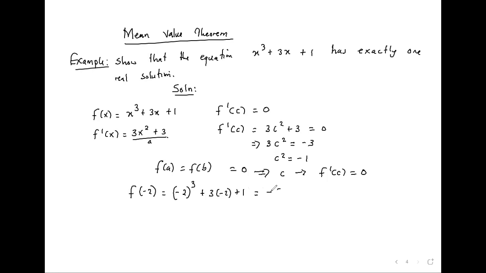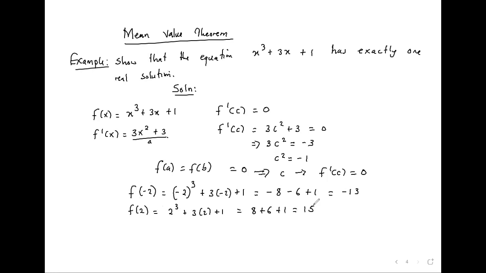This will be -8 minus 6 plus 1, which is -13. Then you also pick +2. So you have 2 cubed plus 3 times 2 plus 1. This is 8 plus 6 plus 1, which is 15.